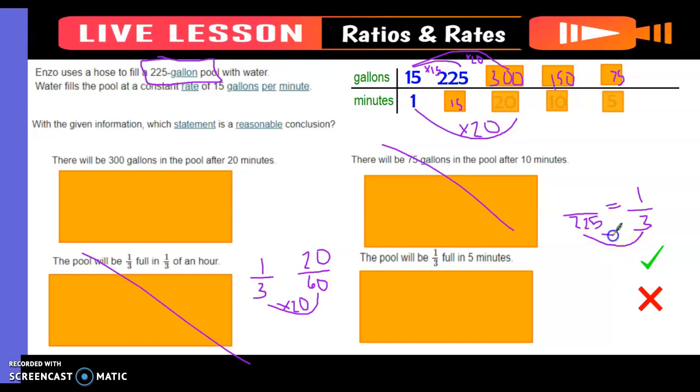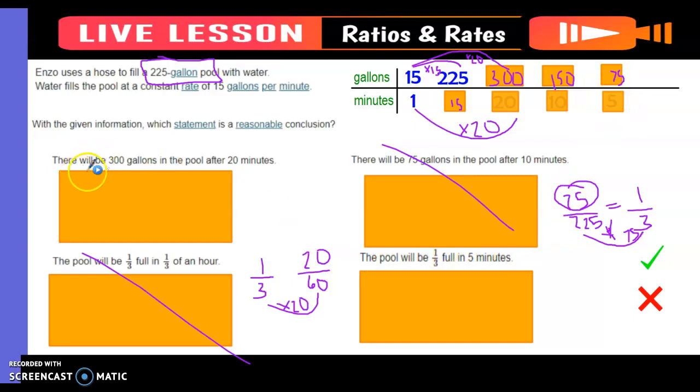So 3 times 75 gives you 225. So therefore 1 times 75 gives you 75. So that means 1/3 of the fill is 75. And the pool will be 1/3 full in 5 minutes.